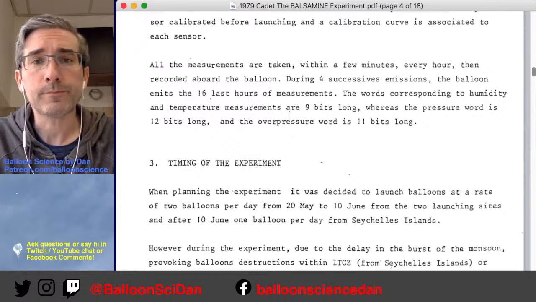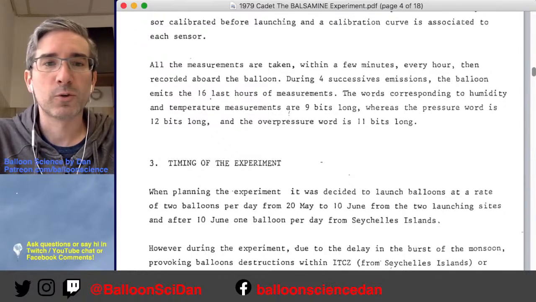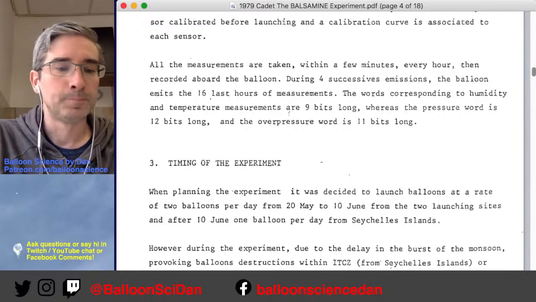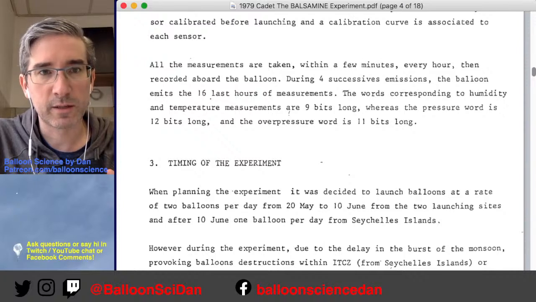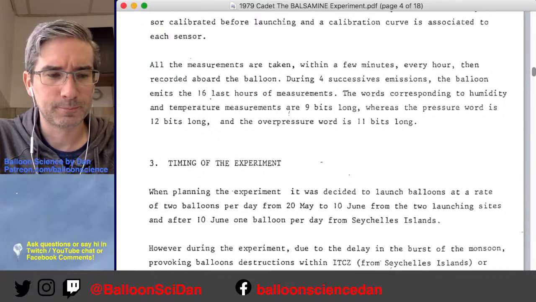So, how long is that? So, how many numbers can you store in that? So we have, what is 8 to the 9th power? I think that's how you do it in binary. 8 raised to the 9th power is 134,217,728.